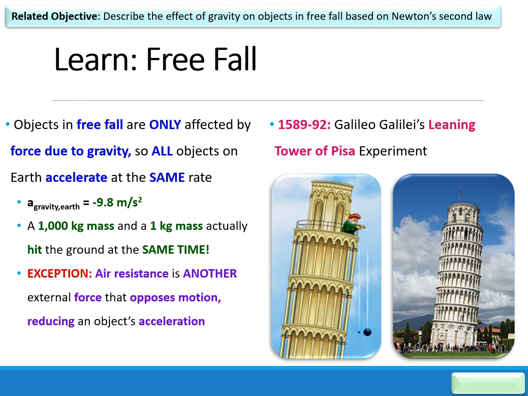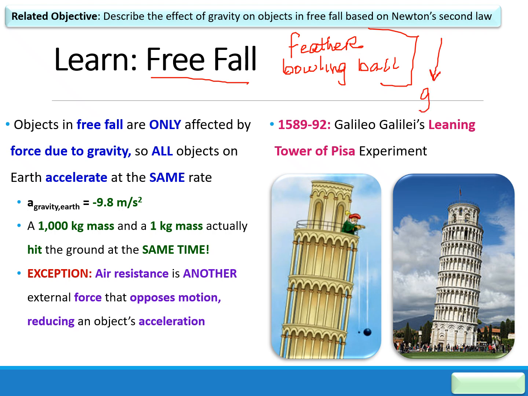Okay, so what you just saw is free fall. Now I know that if I drop a feather and a bowling ball in the world with air, with friction, I have the force of gravity pulling both of these objects down.